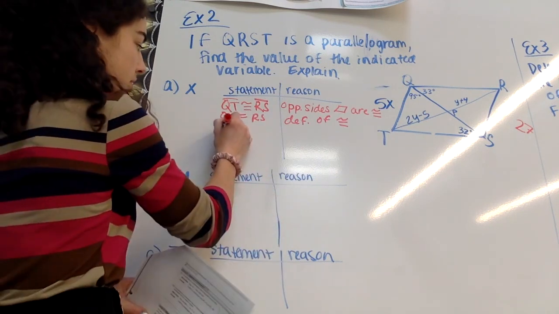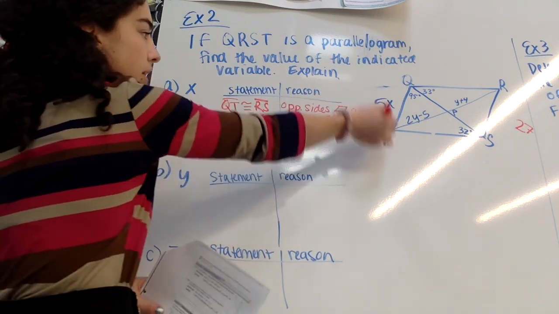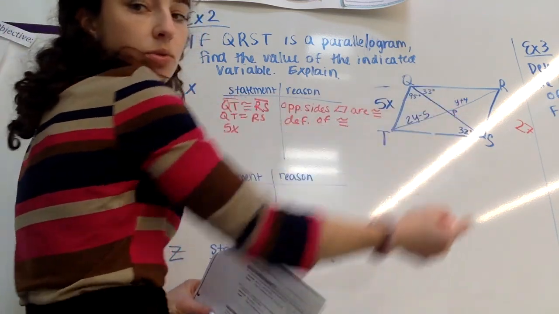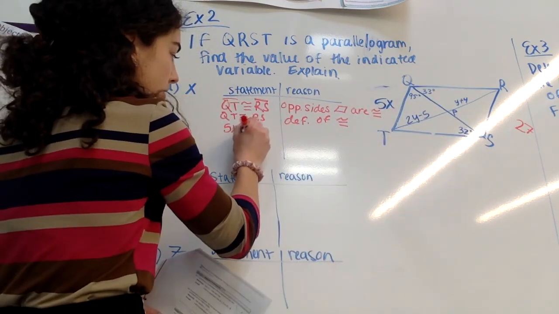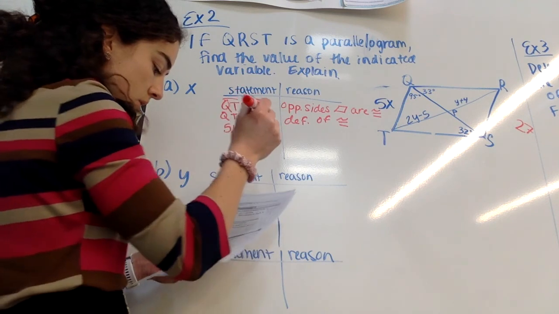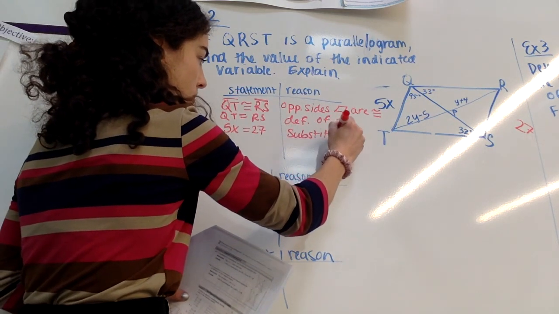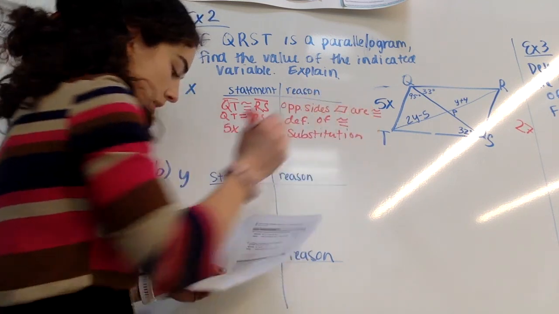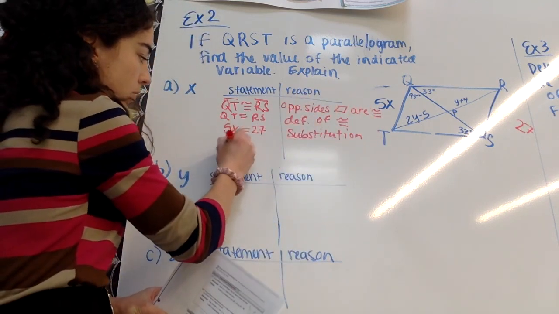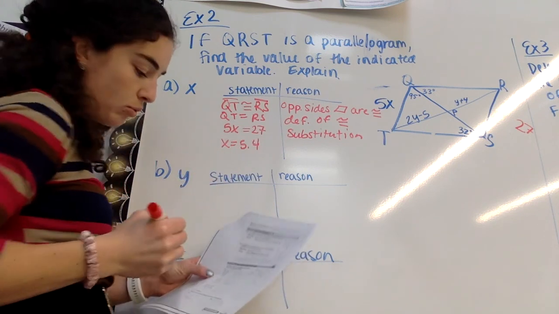So that means that 5x, which is QT, is equal to 27 on the other side. Okay, that's substitution. And then our answer is going to be x equals 5.4.